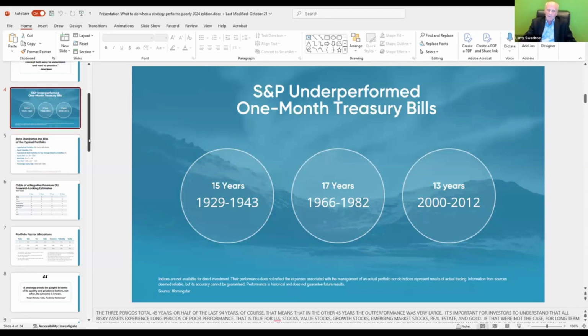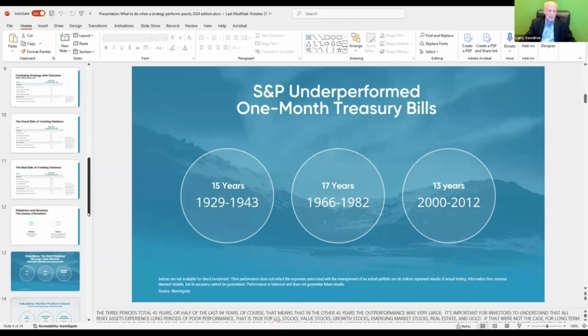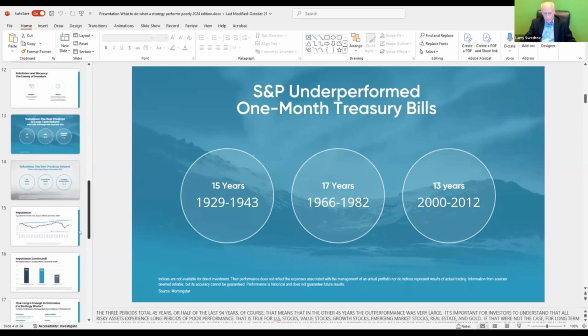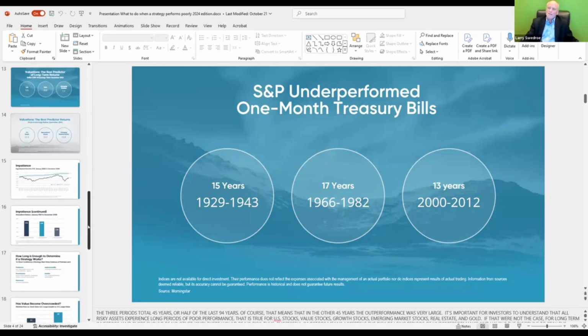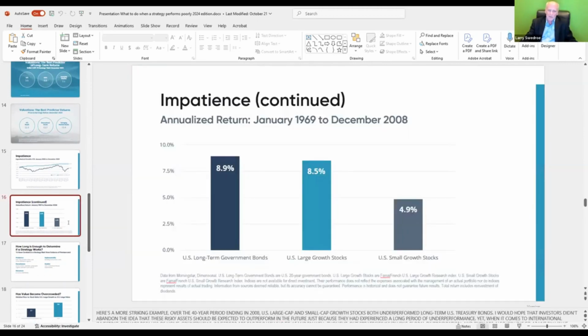That's simply wrong. 10 years is just noise, is the term economists would use. And you need to build a diversified portfolio that you could stick with, because every risk asset will go through long periods. And if you doubt that, take a look at this chart.